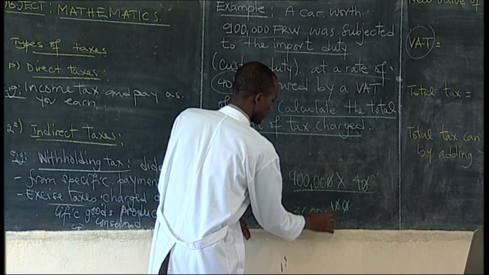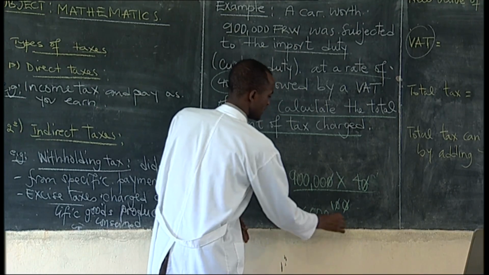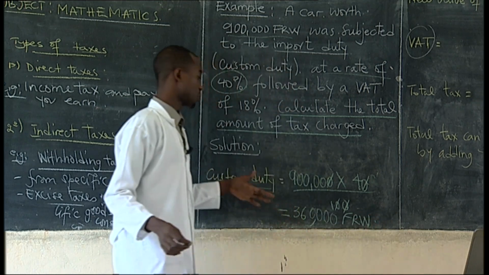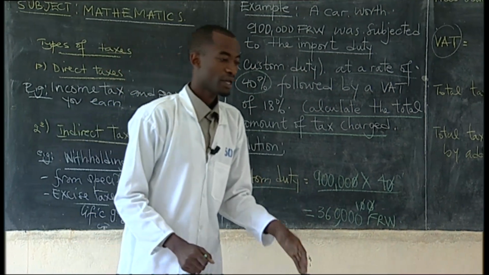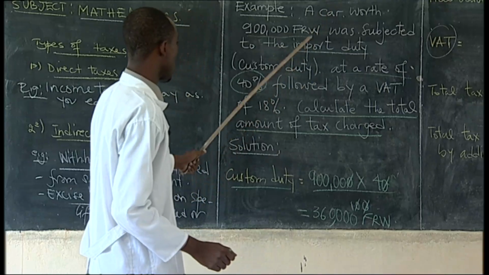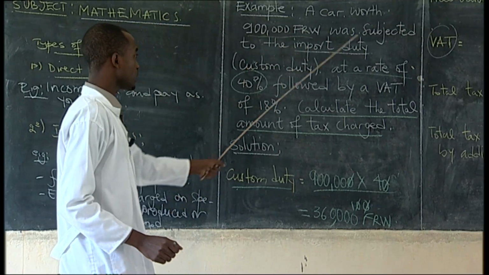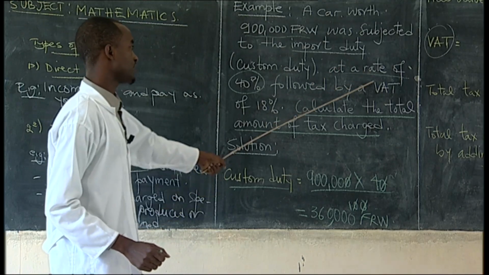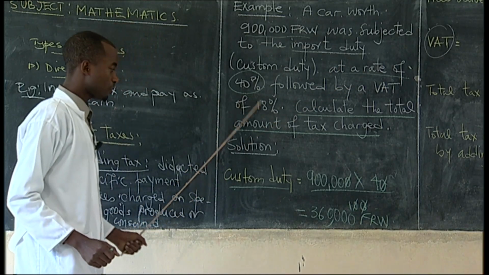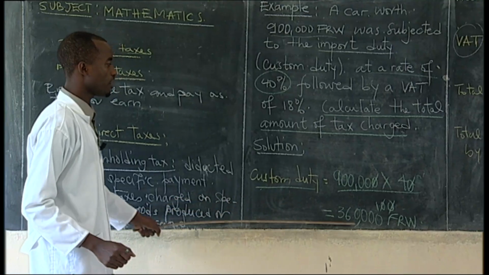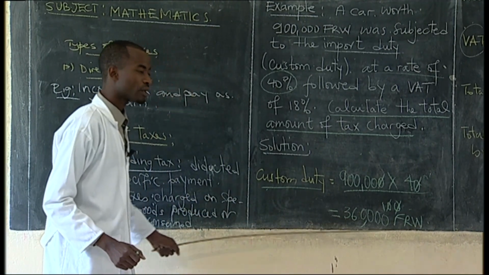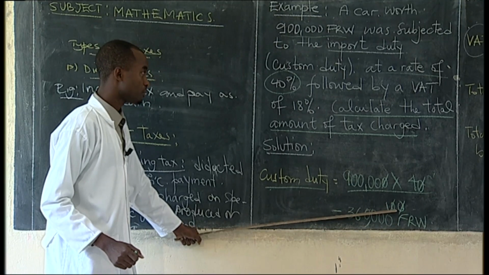This is what we call the custom duty, because they told us that a car worth this amount of money was subjected to the import duty at a rate of this amount. The custom duty will be 360,000 Rwanda francs.